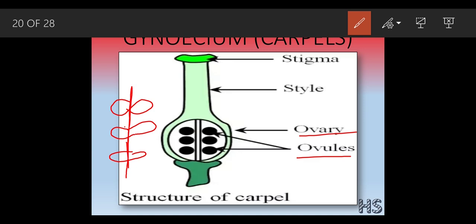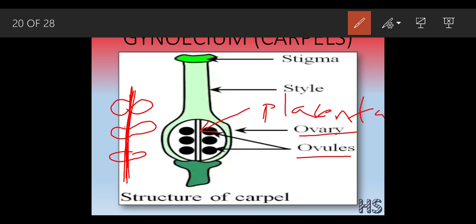This attachment of ovules with something is called placenta. Basically this is what placenta means. Placenta means which holds or attaches the ovules to the wall of the ovary. Inside this ovary wall there is the attachment of these ovules.